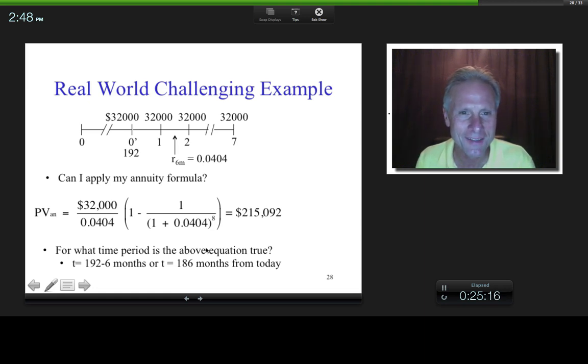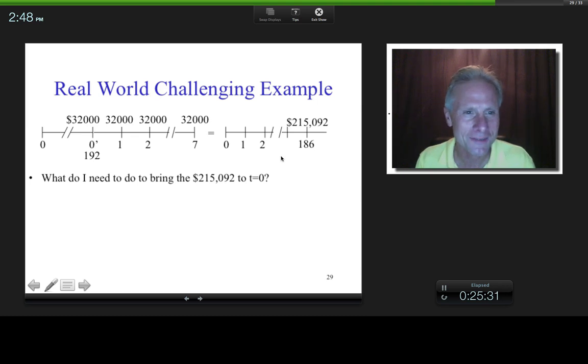So basically, all of this is equivalent to about $215,000 at t equals 186, or time 186 months from today. So if we look at what that looks like, here are all the 32,000s. This is when Sarah starts college and mom and dad make these payments, and that's all mathematically exactly identically equivalent to this much at 186.